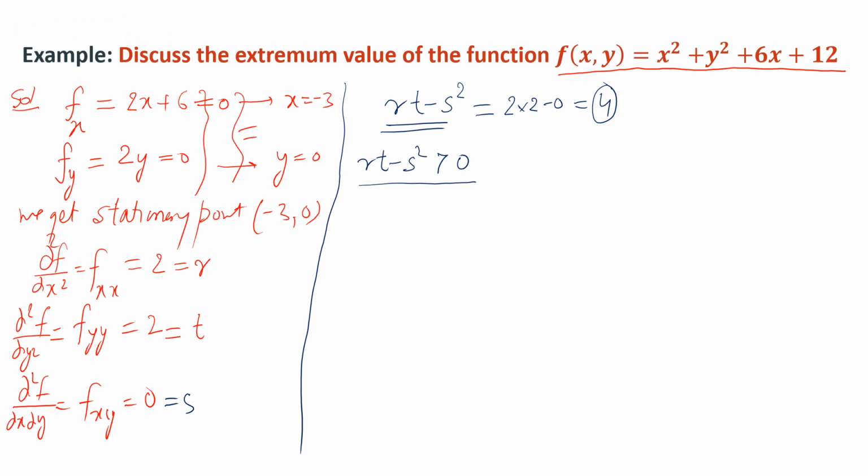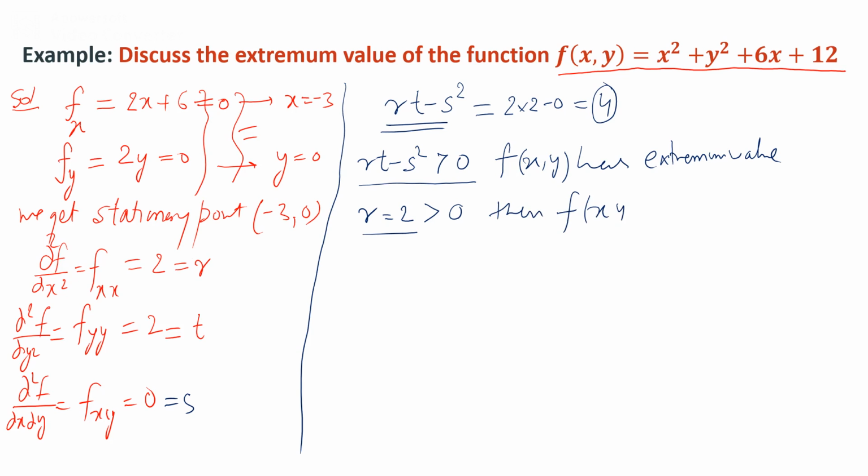So we can say the function f(x,y) has an extremum value, either maximum or minimum. Because the function attains the extremum value, we check the value of r. r is 2, which is greater than 0. So if r is greater than 0, then f(x,y) has a minimum value at the stationary point.